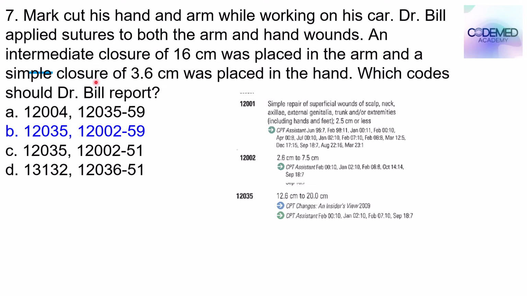One is intermediate and one is simple. In that case, we are going to write them independently without adding them, because we cannot add wounds from different classifications. And we will write the intermediate wound first, followed by the simple. And whenever we are writing two different classifications of wound, we have to put a modifier 59. So we are covering three guidelines here, and that's why the answer is B.